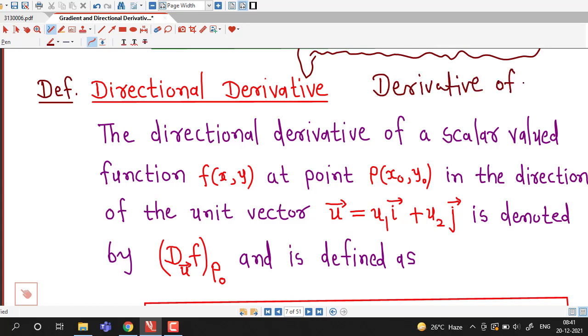So it is a derivative of scalar function in the direction of a given unit vector. So here we have written the definition of directional derivative.